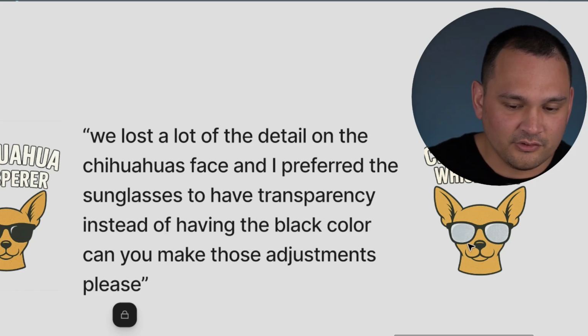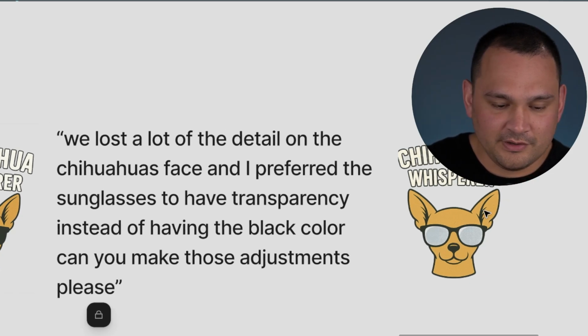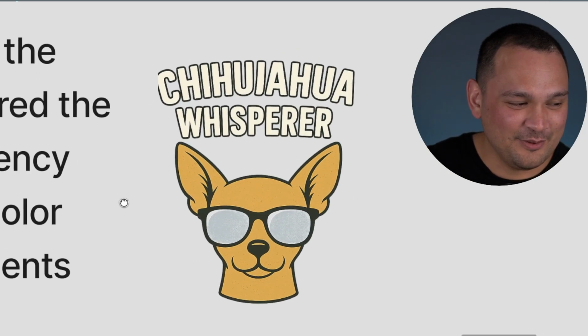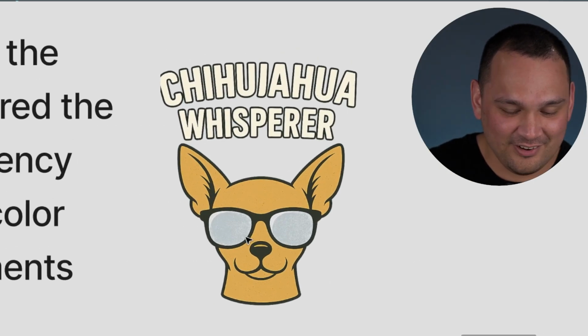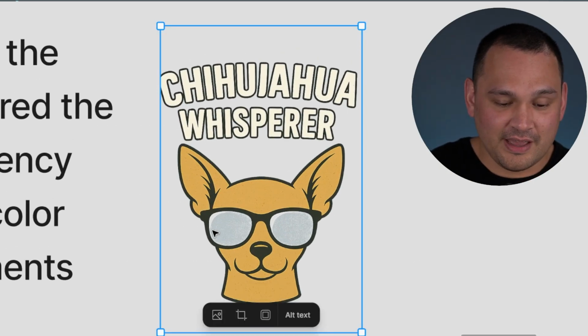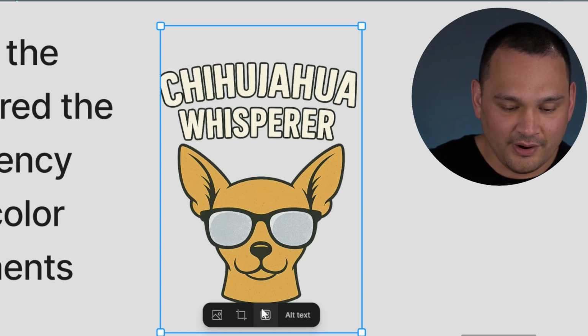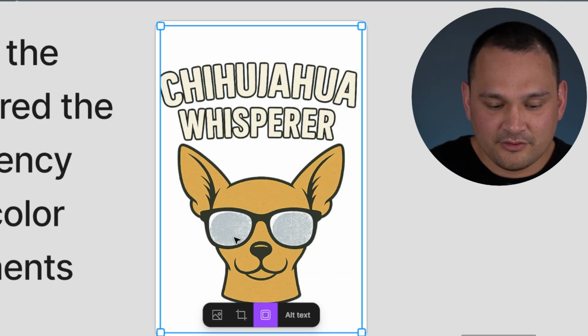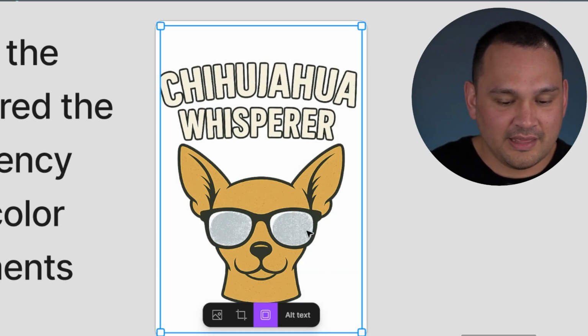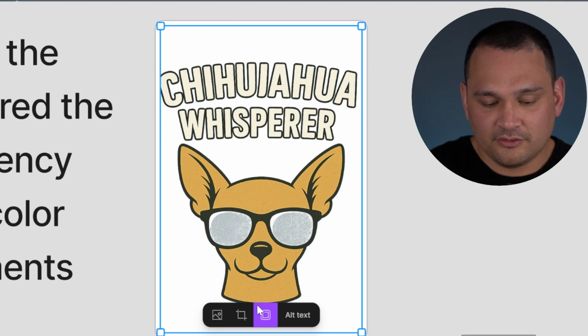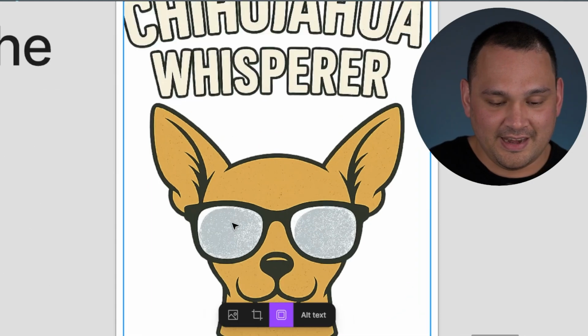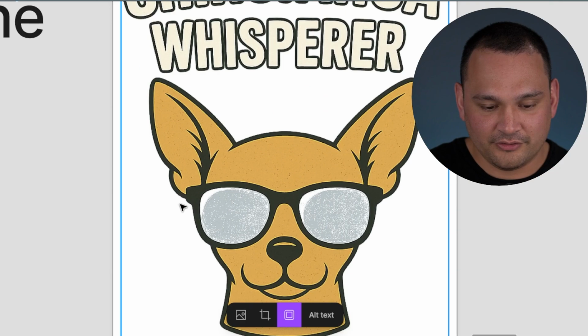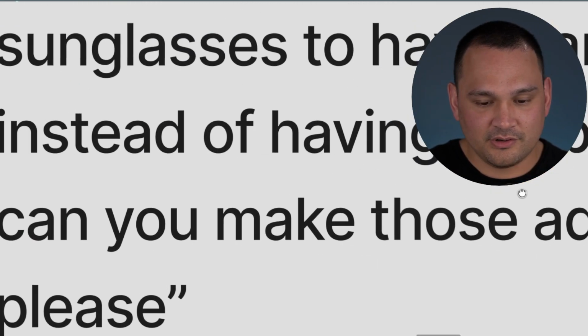and I asked it to make those adjustments, and it did terribly. Honestly, it misspelled it, so we added an issue. At first glance, I thought that maybe it had done what I asked for. However, the transparency isn't actually there within the sunglasses. So it also did not add any extra detail to this dog's face, right? No extra details.